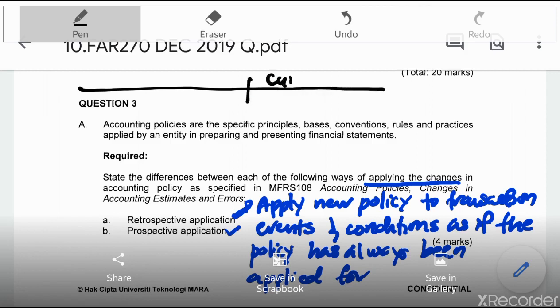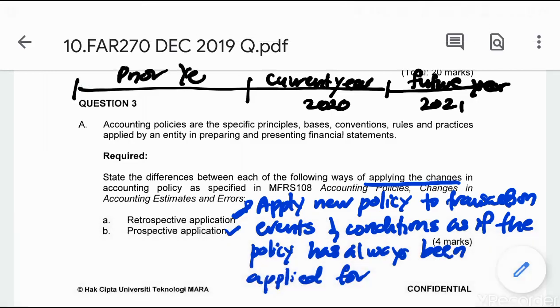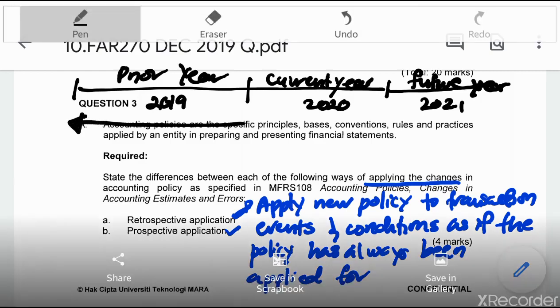This is your current year. This is your future year. Let's say current year is 2020, this year. Next year 2021. So let's say this is the prior period or prior year 2019. So when we say retrospectively, we are adjusting it to the earliest possible period, as if that has always been applied.